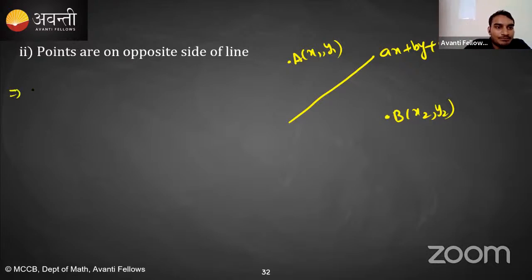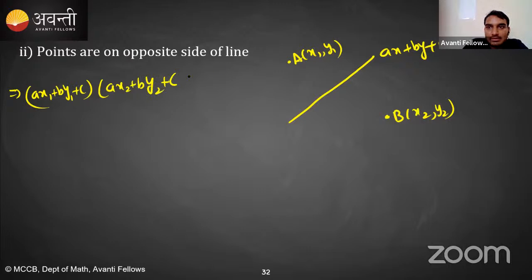So it means on putting this point, you will get the negative sign. Means (ax1 + by1 + c) into (ax2 + by2 + c) is less than 0.